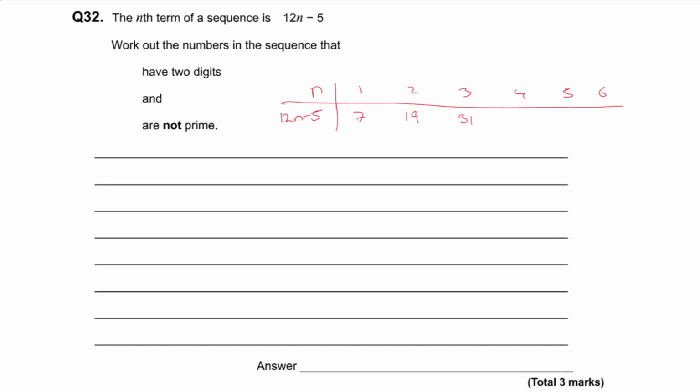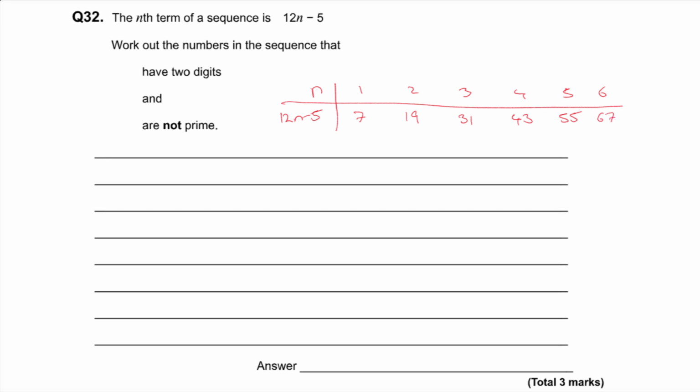When n is 4, 12 4s are 48, take away 5 is 43. 5 12s are 60, take away 5 is 55. 6 12s are 72. Take away 5 is 67.